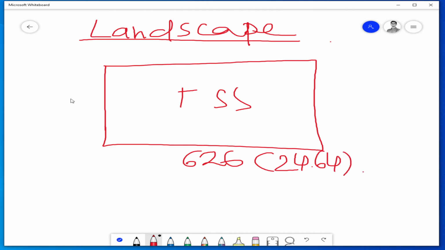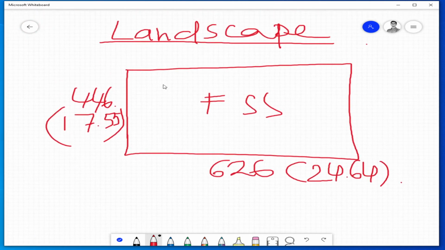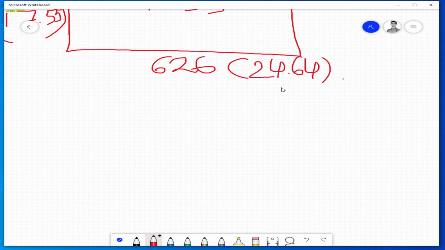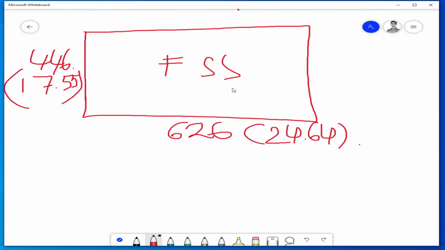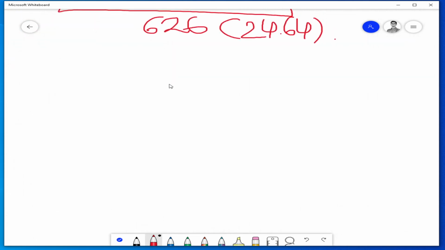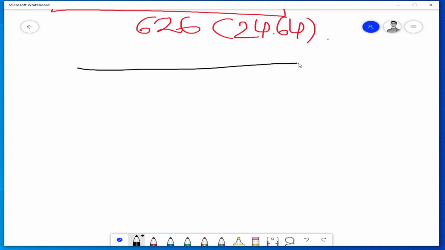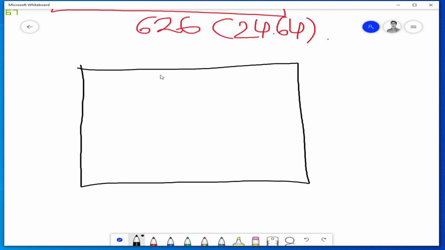Okay, kemudian 446, 17.55 inci. So how many this can be fit into our sheet? Okay, so our sheet in hitam is this, 19 by 20.